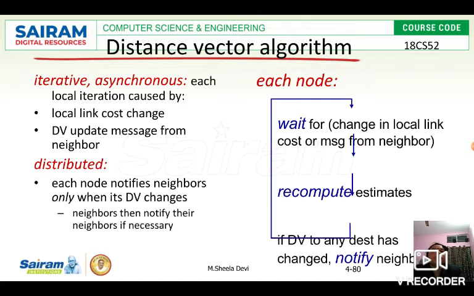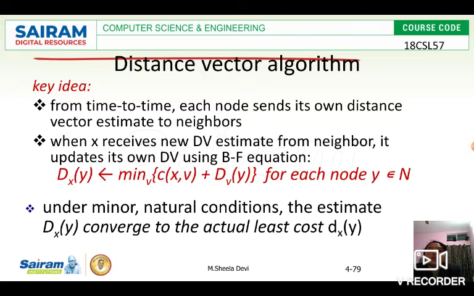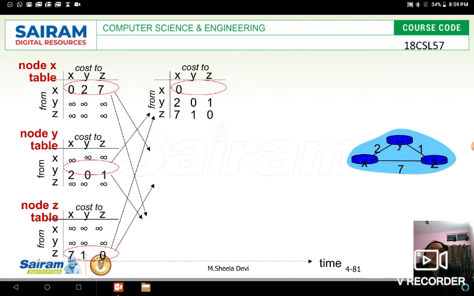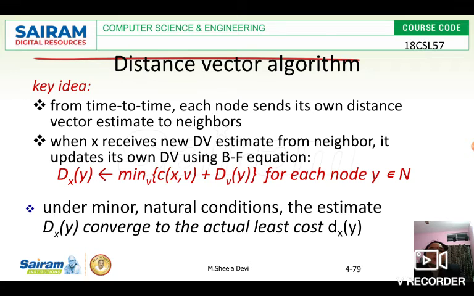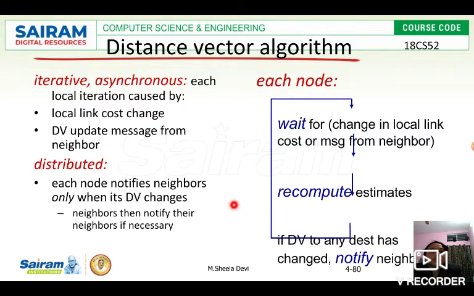See here, for every node, wait for a change in the local link. If any changes are there, recompute estimates, and if changes are there, that has to be notified to the neighbors. Every node will be waiting for a message from its own neighbor. If it gets one, it will calculate and compare the values it has.